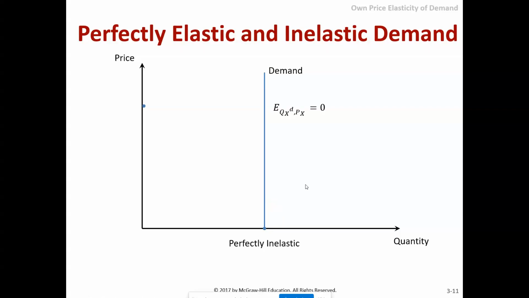There rarely is any perfectly inelastic demand situation, but to give you an intuition, like medicine, medical treatment, for a certain health condition, the doctor prescribes you a dosage, let's say 2 pills per day. You will take 2 pills per day. Whenever it's dirt cheap, you don't say, okay, it's very affordable, I'll take 4 pills per day. And whenever it's expensive, you don't say, let me skip a couple of days. It's not good.